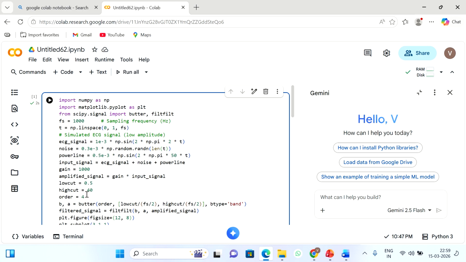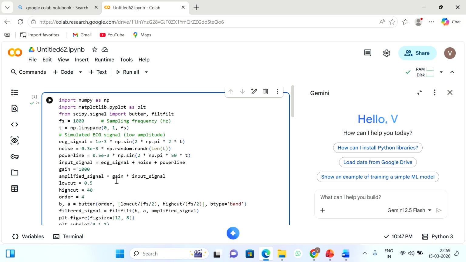And then above 40 Hz, why are we not considering? Actually high frequency is for noise. That is why they are assumed to be noise components, so they have to be removed. And then order is equal to 4. So the order of filter, a higher order filter we are taking into consideration.